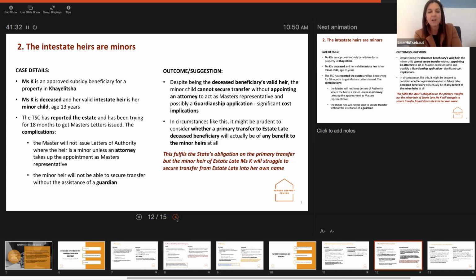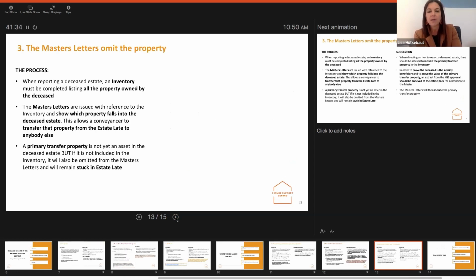Okay. And then the last problematic area that we've encountered is in the primary transfer space. When you report an estate at the master, the family has to complete a document called an inventory, which basically lists all the assets of the deceased.